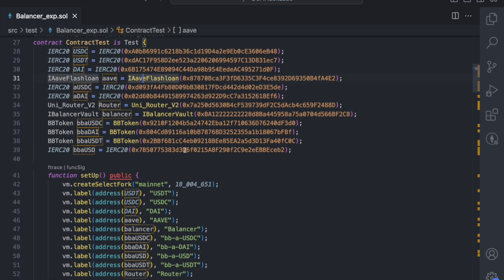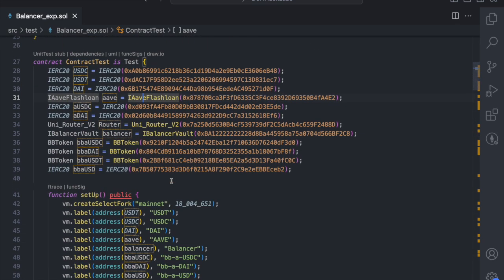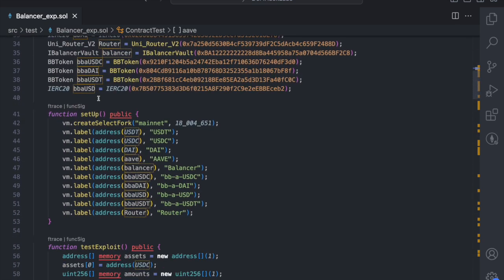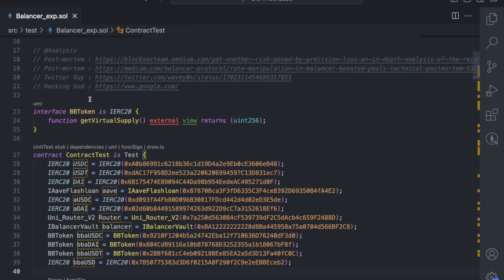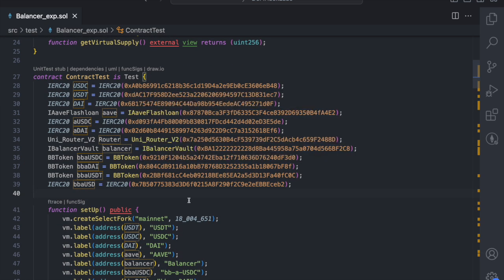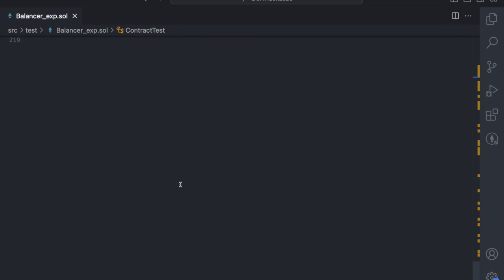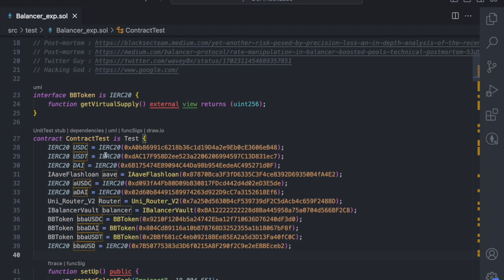So this is a really great example for understanding a higher level bug and how they can be exploited, because it uses some of the standard approaches an attacker would take to hacking a protocol smart contract: somehow using a flash loan to inflate some price in some way, and then exploiting that by withdrawing a huge amount of money. We're just going to do a high level walkthrough of what's happening.